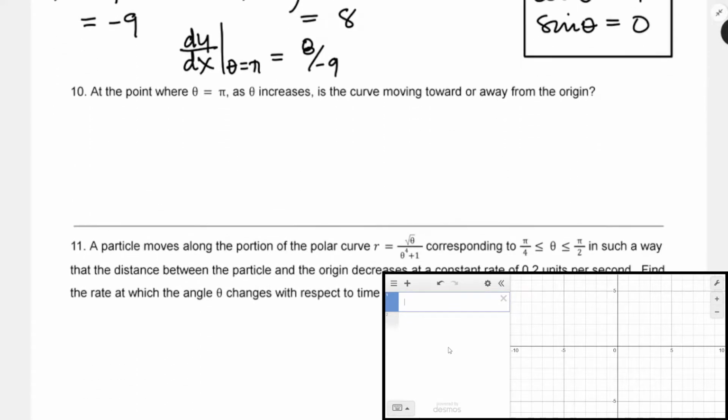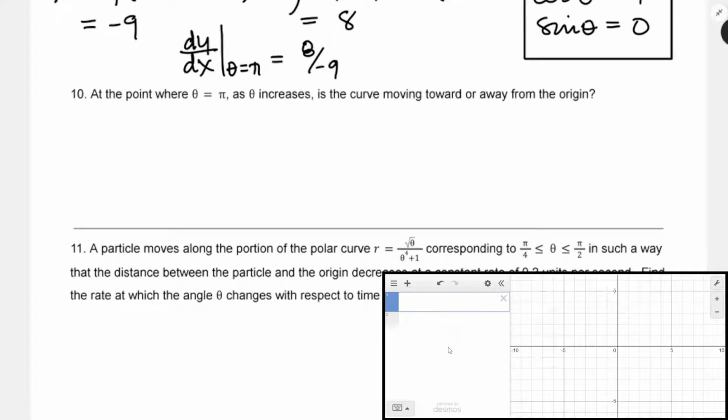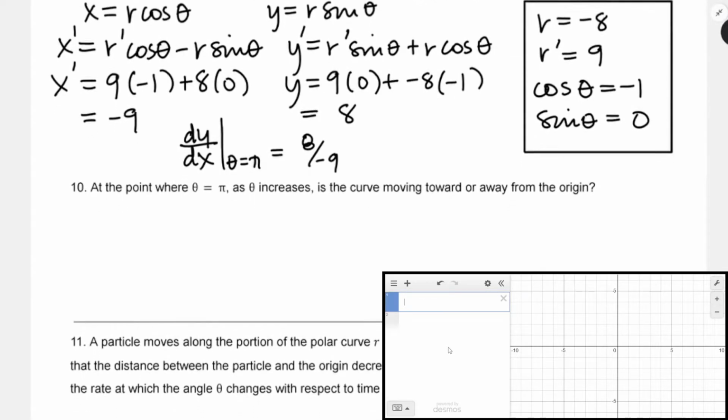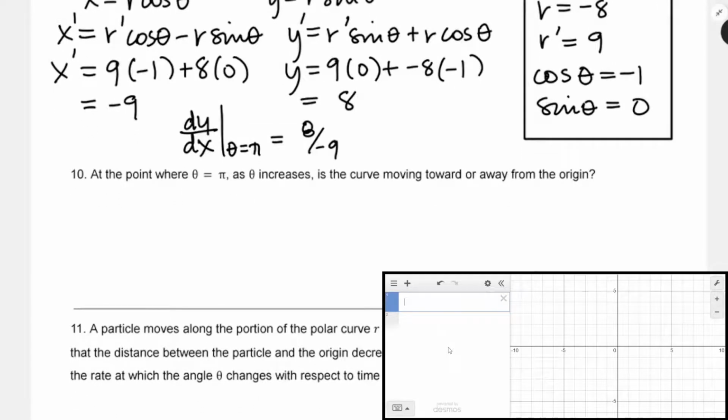That's a good one. Okay, and then at the point where theta equals pi, as theta increases, is the curve moving toward or away from the origin? Once again, the same kind of concept. Okay, so r is negative but increasing, so getting closer to 0. And r equals 0 is the origin, so it looks like I'm moving toward the origin.